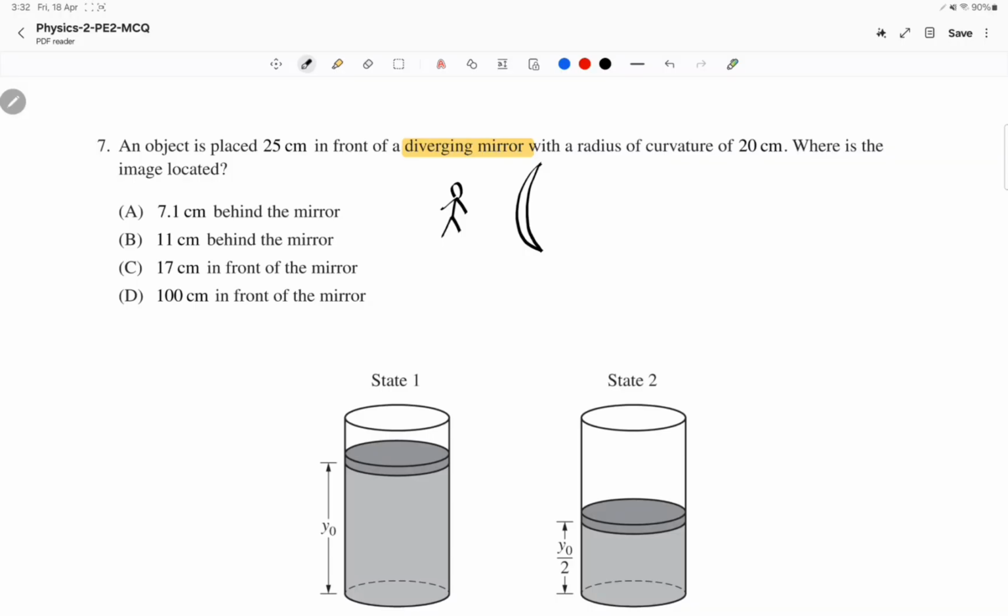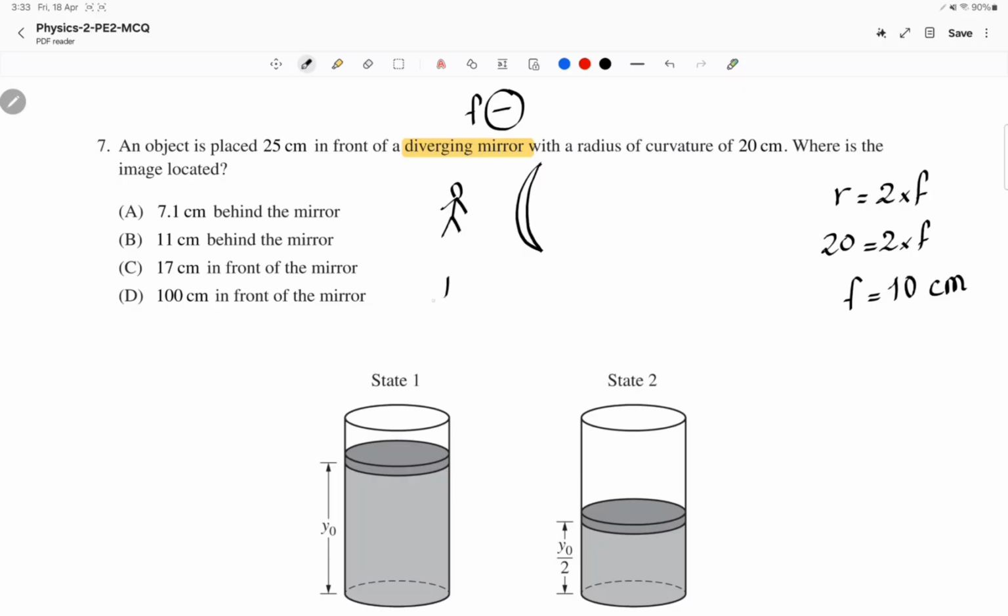If it's a diverging mirror, the focal length has to be negative. Now here we're provided with the radius of curvature to be 20. And the radius of curvature, you have to know, is 2 times F. So 20 is 2 times F. F is equal to 10. But because it should be a diverging mirror, it must be a negative 10.